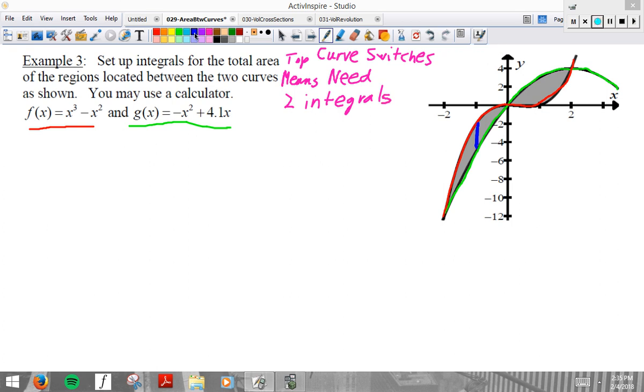So we'll use a dark blue one and let's say a purple one. Because over here it's red minus green. Over here it should be green minus red. Still don't need my calculator. The most professional integral you will write will be done by avoiding writing out these two functions.